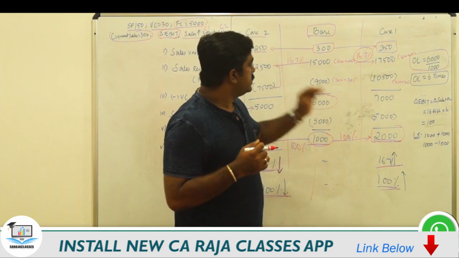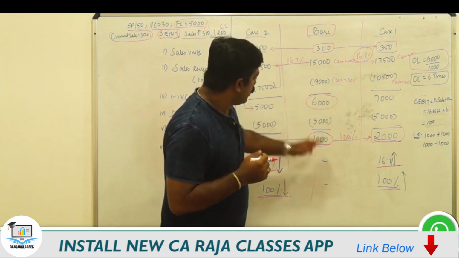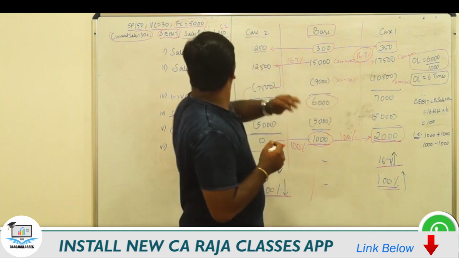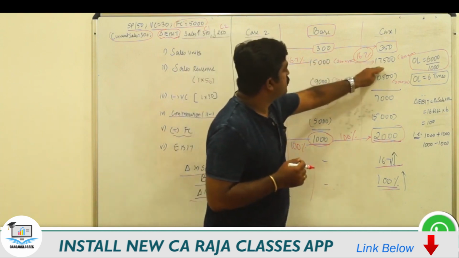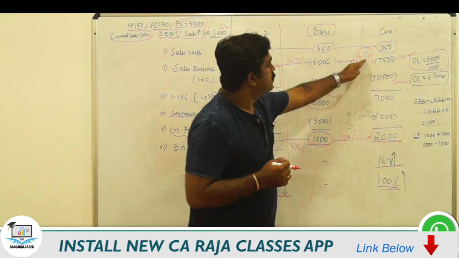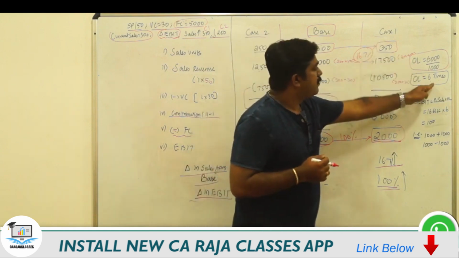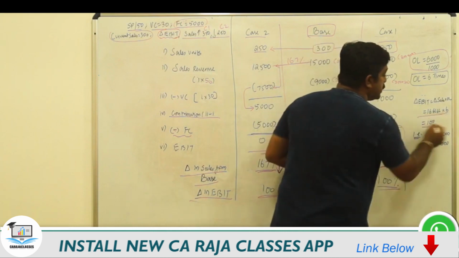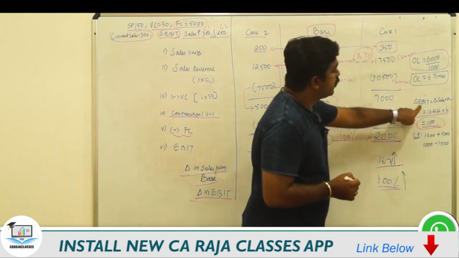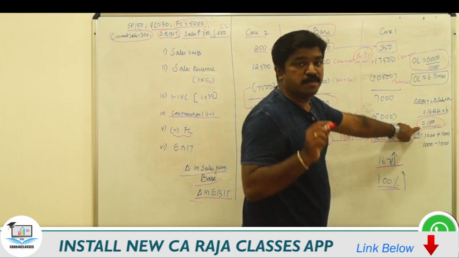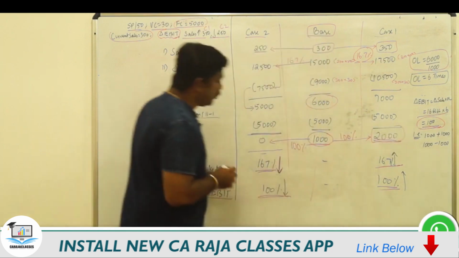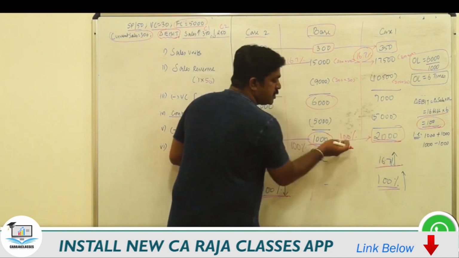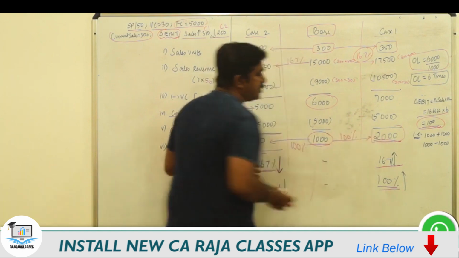Your EBIT is 1,000, and what is your change in sales? It is 16.7%. 16.7% multiplied by operating leverage times, that is 16.7 multiplied by 6, it is 100. Your EBIT is going to change by 100%. Now you can vouch for that. 1,000 becoming 2,000, there is a 100% increase in EBIT.